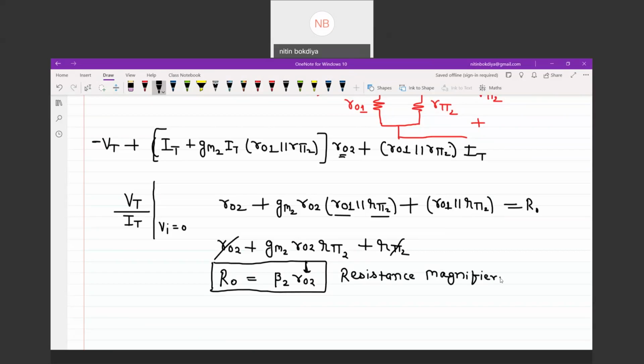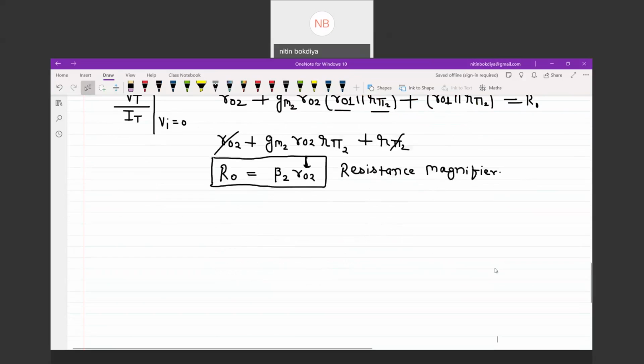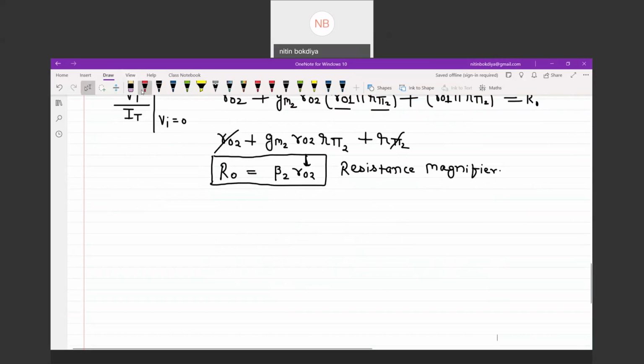So can we have the output resistance, and the voltage gain now? Yes, we can have the voltage gain of the cascode circuit. So in the cascode circuit, this value is GM1 into VI. The next circuit is RO, and this is your V out.